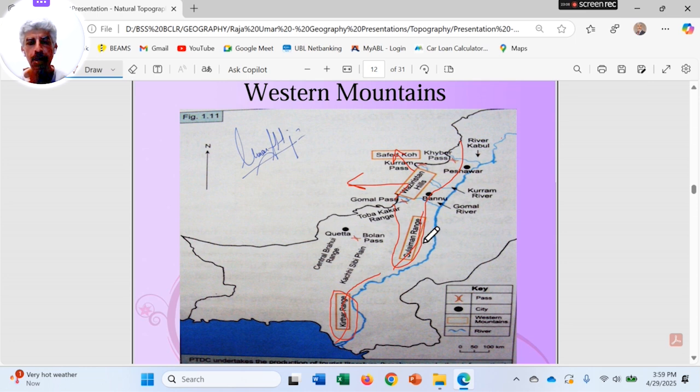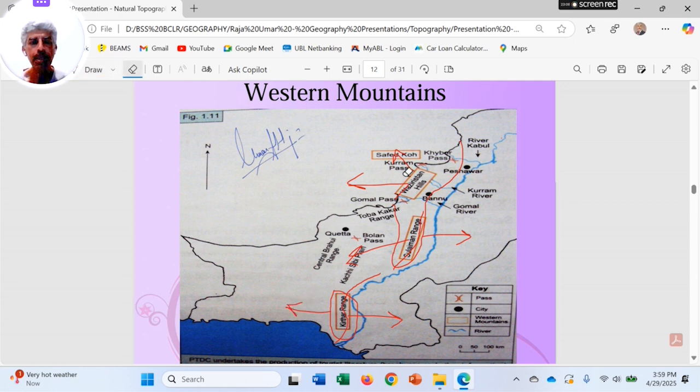And Suleiman range is between Punjab and Balochistan, and Kirthar range is between Sindh province and Balochistan province. So this is what we studied, the location of these mountain ranges here in Pakistan.